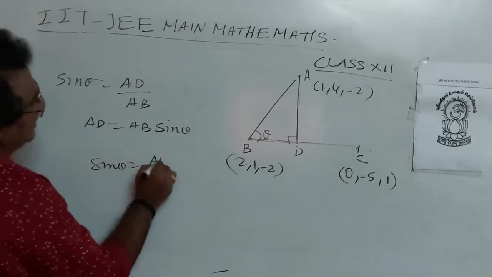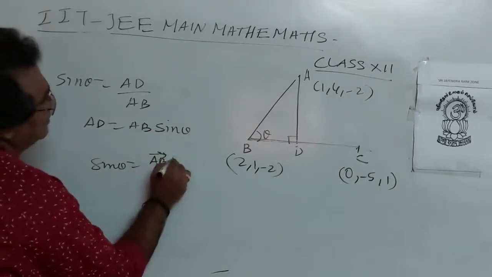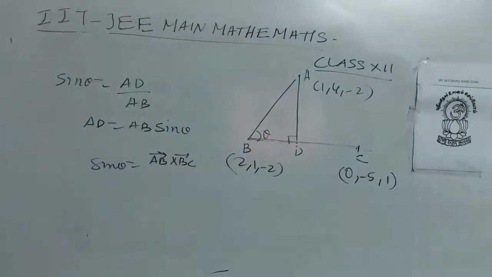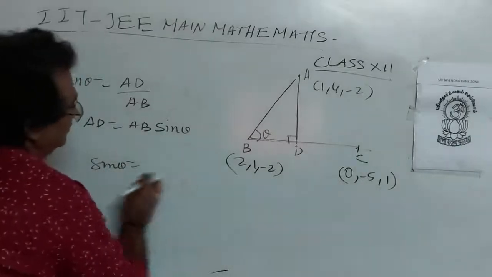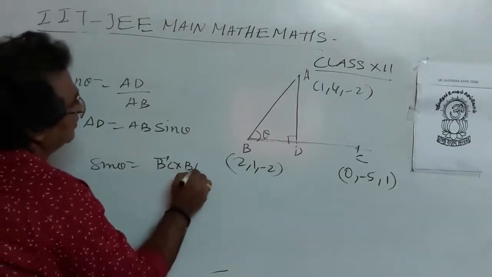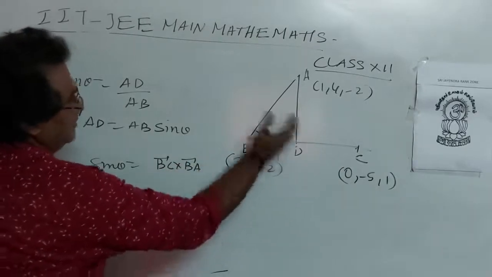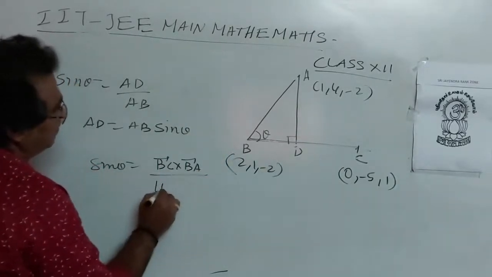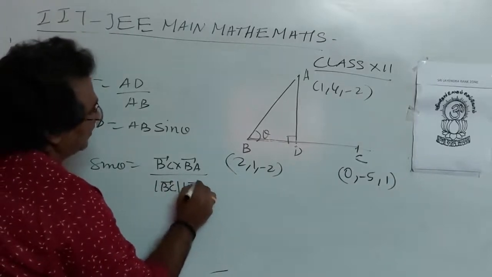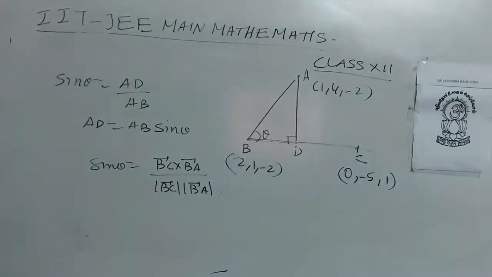The angle between them is given as sin theta equal to modulus of BC cross BA by modulus BC modulus BA.